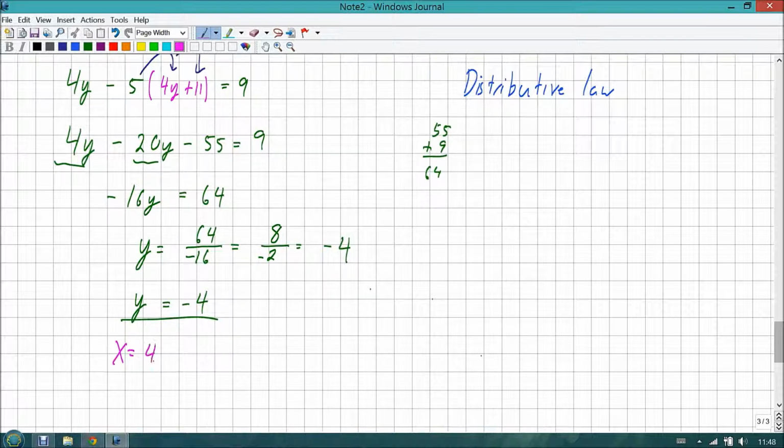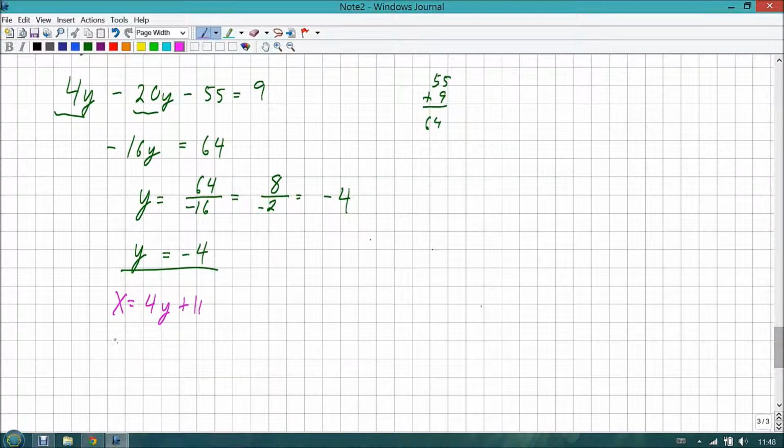x is equal to 4y plus 11. We can see that from the substitution right here. So if y is -4, we just plug it in. We have x is equal to 4 times our y value, of -4, plus 11.